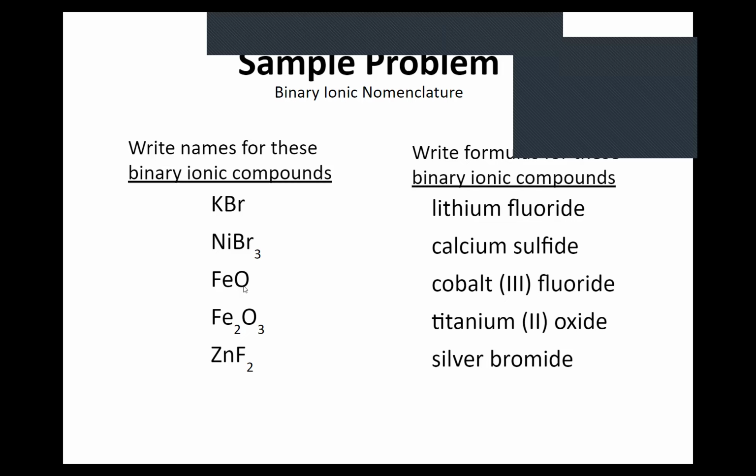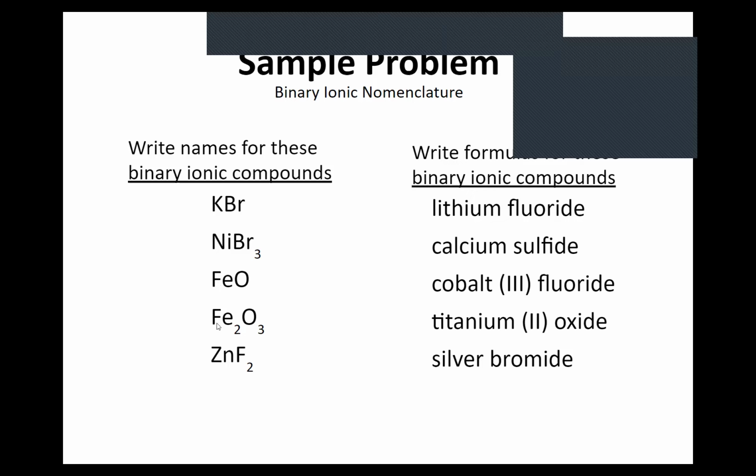Okay, find oxygen on your periodic table and note the charge for that column. It's a -2 charge. So if oxygen is always -2, and iron can sometimes be various charges, in this case the iron had to be +2 because it canceled out the charge on the -2 of oxygen. So we name it iron, Roman numeral 2 in parentheses, oxide.